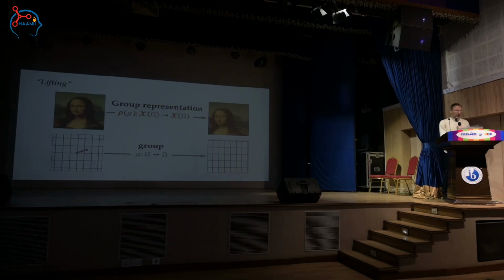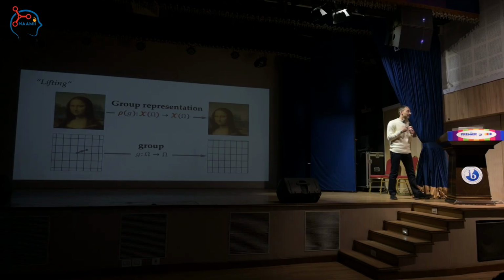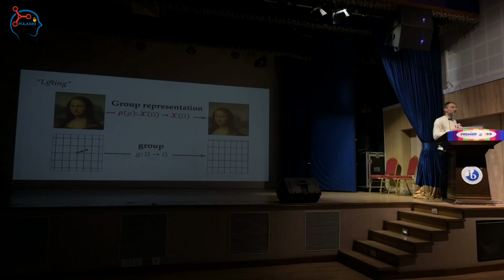Okay? And this is very convenient to work with groups and group representations. So the way that it acts on the domain, basically it's a map between grids, right? So this thing can look as crazy as you want, depending on the choice of the group.